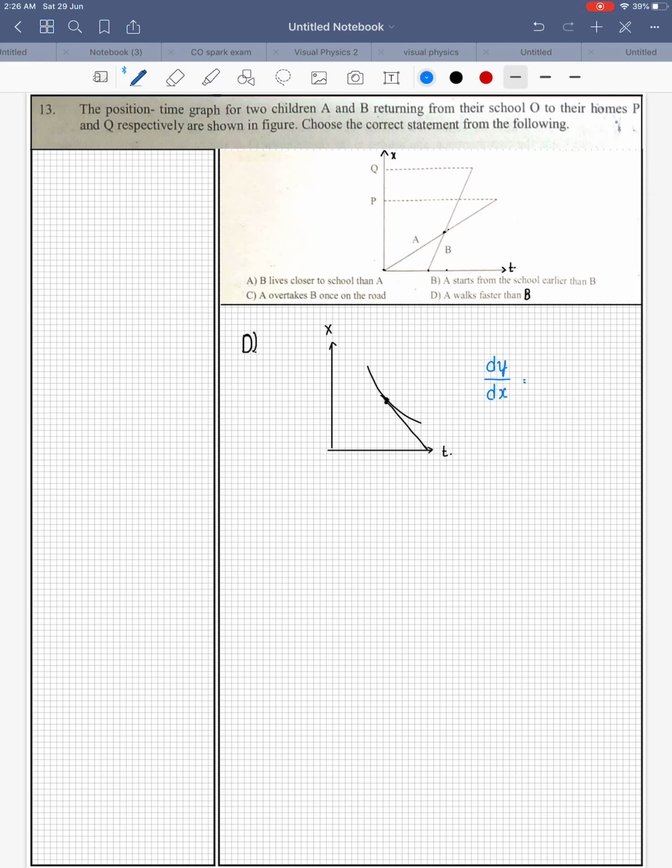In here, what is y? x. What is x? t. So dx/dt is generally called velocity. This is actually the slope.